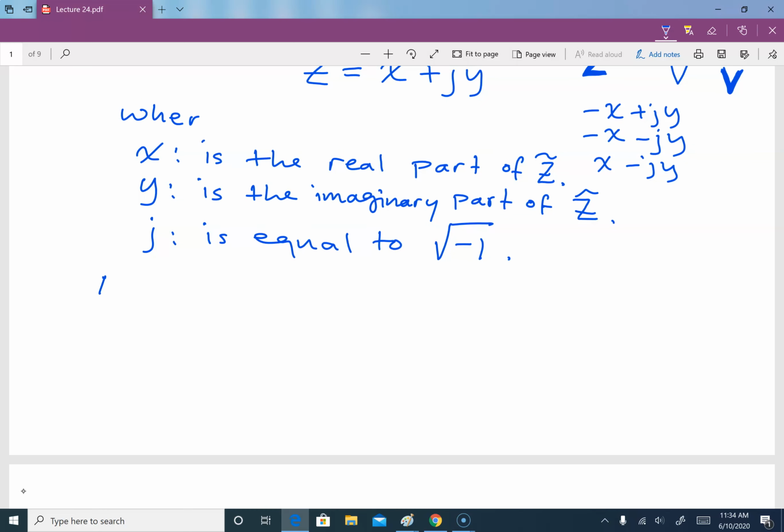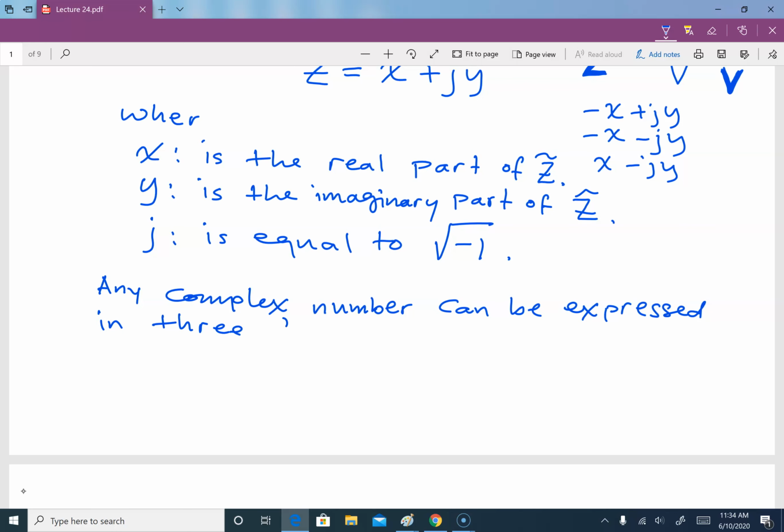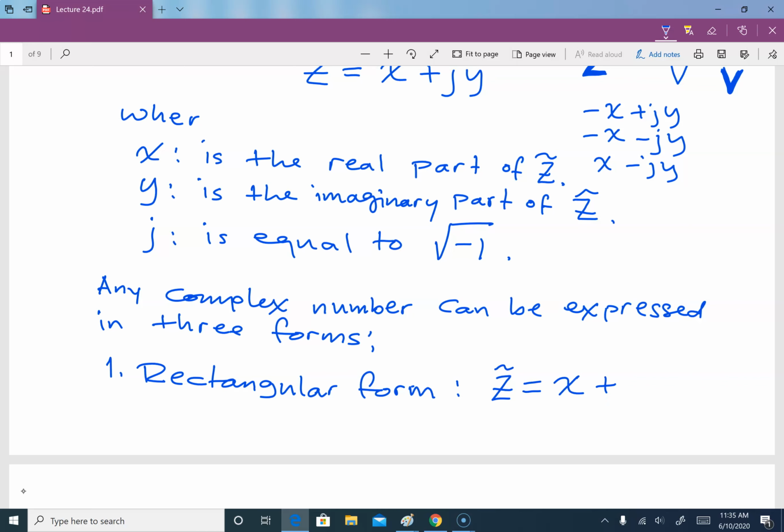So any complex number can be expressed in three forms. The first form we call rectangular form, and that is phasor z is equal to x plus jy.